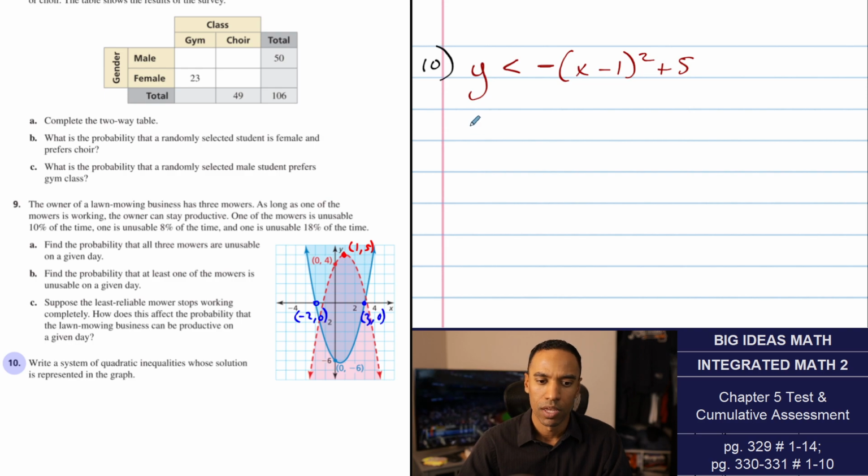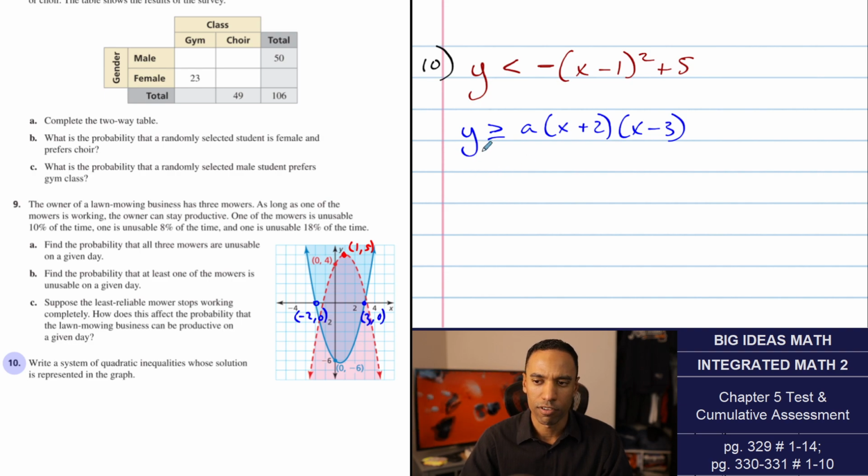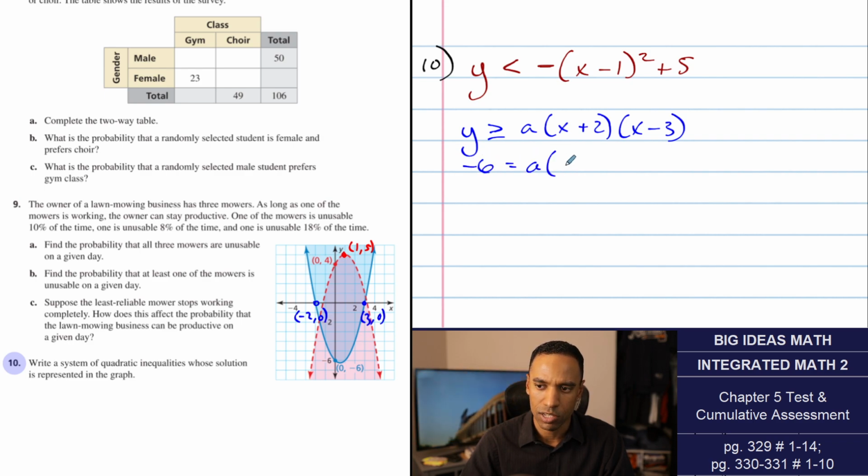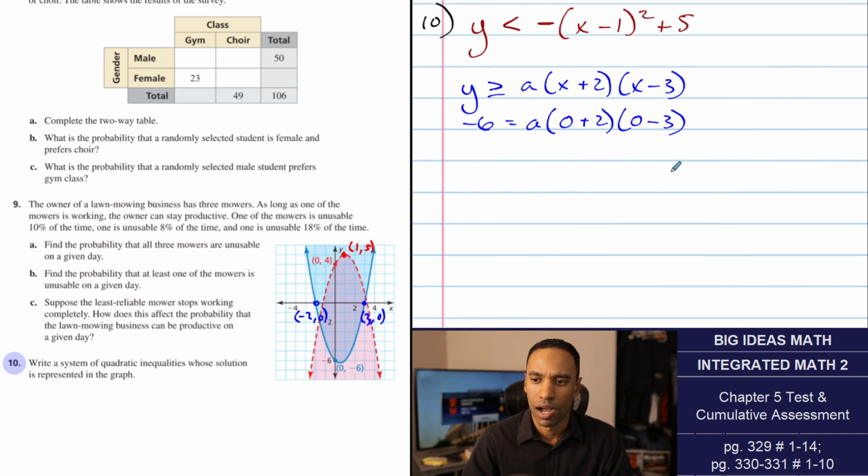So this one is y is greater than or equal to some a times x plus 2 times x minus 3. We're going to have to find the a by plugging in an xy value. We have 0, negative 6, negative 6 for y, 0 for x. I'm putting it as equals temporarily because we got to solve for a first. So negative 6 is negative 6 times a, so a is 1.